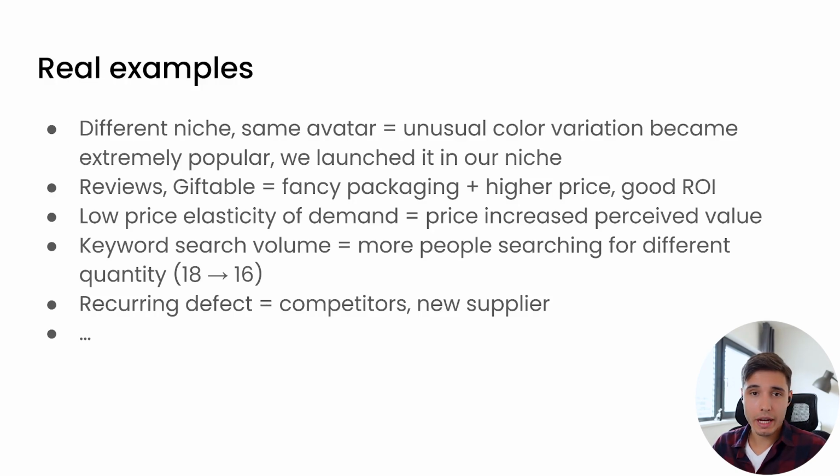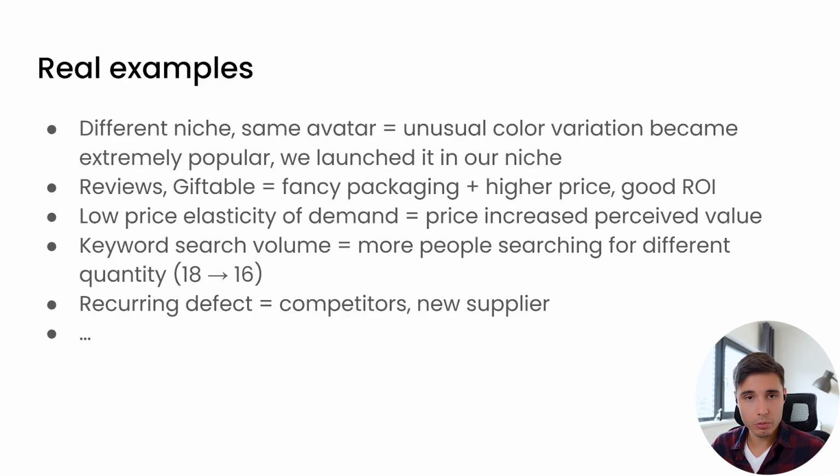Also analyzing the trends, looking at the keyword search volume on Amazon, right? Monitoring what's popular, what's going up, what's going down, because it's constantly evolving. And our brand manager noticed that more and more people are searching for different quantities. Let's say instead of a set of 18 units, they wanted a set of 16 units.